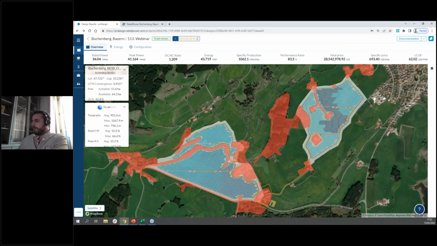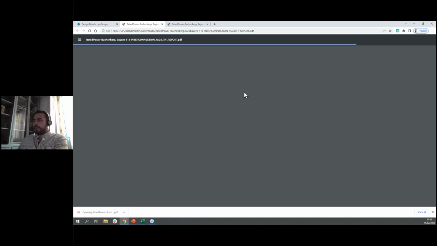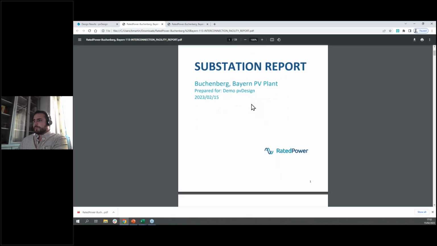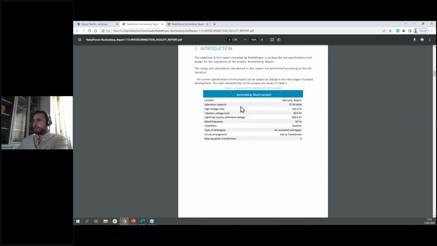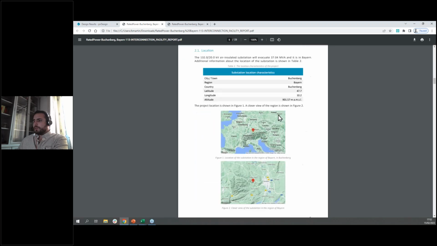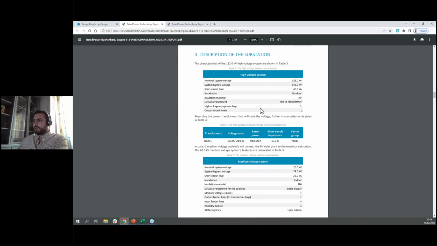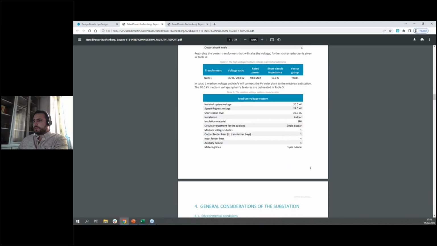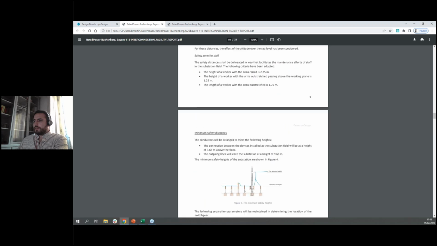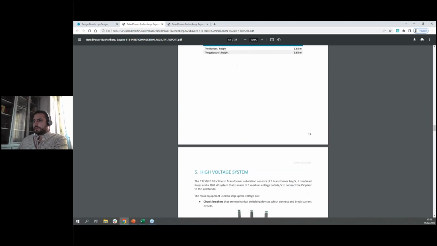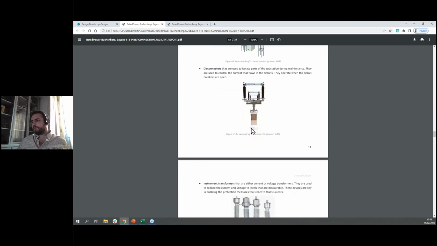We also have all the layout from the substation and from the overhead lines. So here we have some explanation of the location, and some information that can be shared with the authorities.